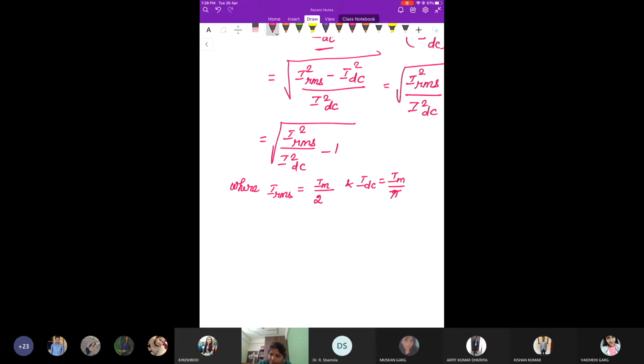You have to substitute these values in this ripple factor formula. So you will get I²_M by 2 square divided by I²_M by pi square, minus 1.